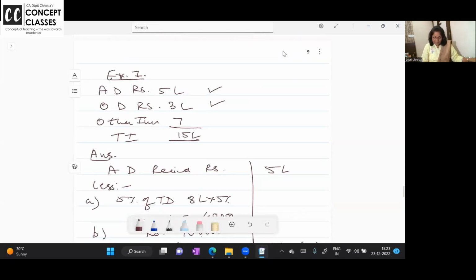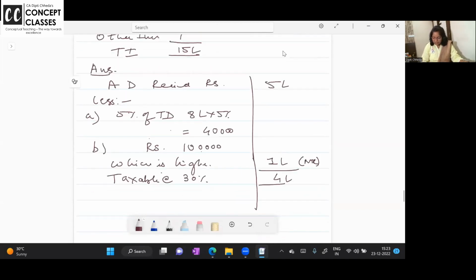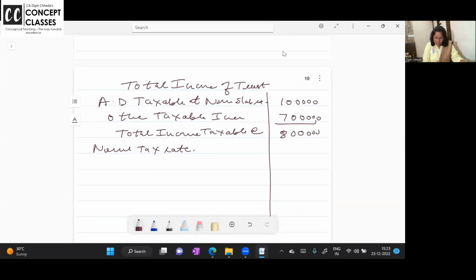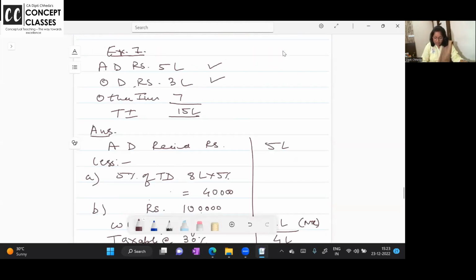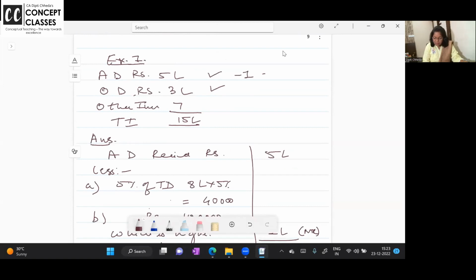One second. Let us check the data. Other income is 7 lakhs and other donations are also there, 3 lakh. One minute, so it will change. Your anonymous donations taxable at normal slab rates are, out of 5 lakh, 1 lakh, and the remaining 4 lakh are taxable at 30%.